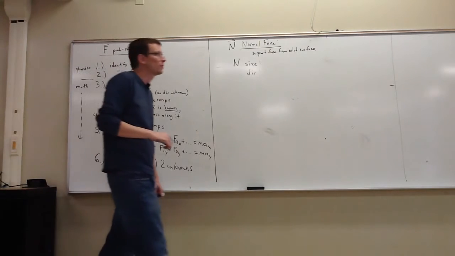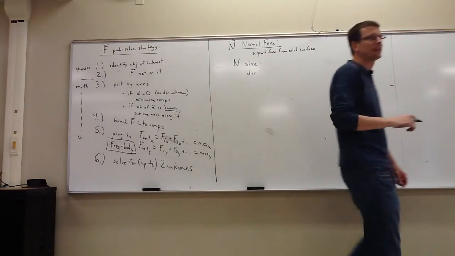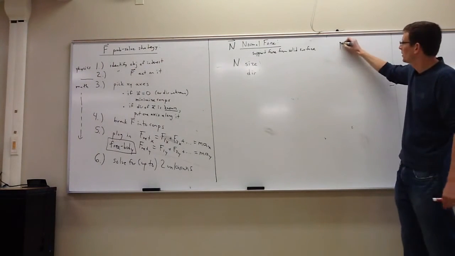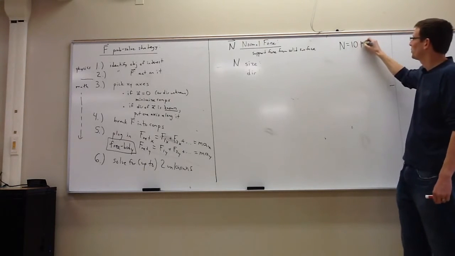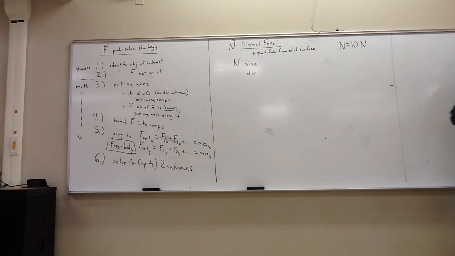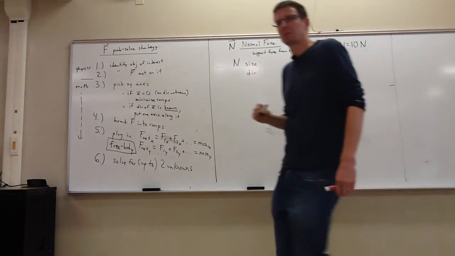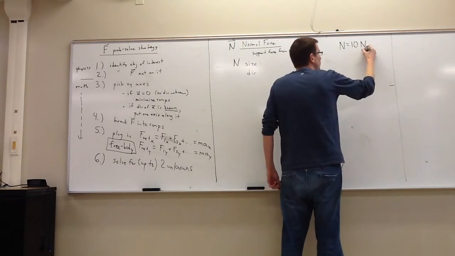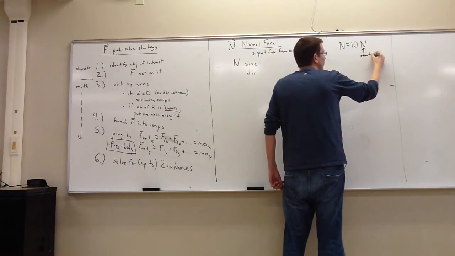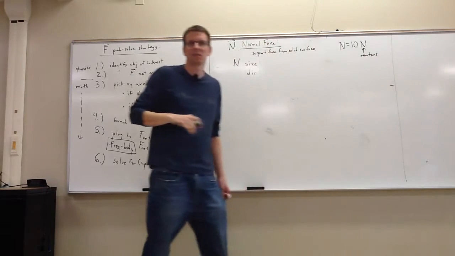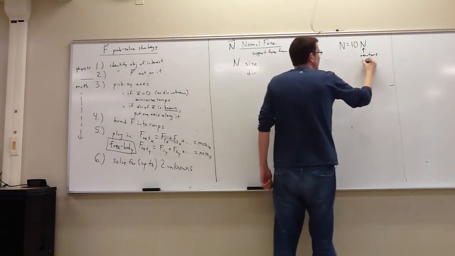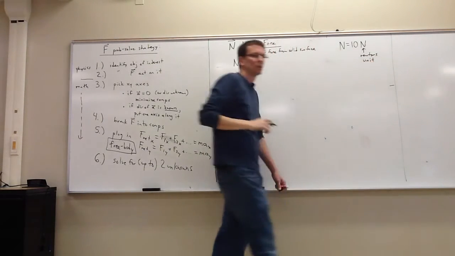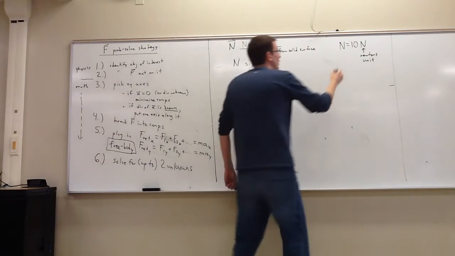As you will probably remember, that is also already been in use for something else, so we will get such weird statements as n equals 10n, and not even blink an eye, even though that seems like mathematical gibberish, because we are using n as a variable to indicate newtons, right? All forces are measured in newtons. That's a unit. And this particular force happens to be a normal force.